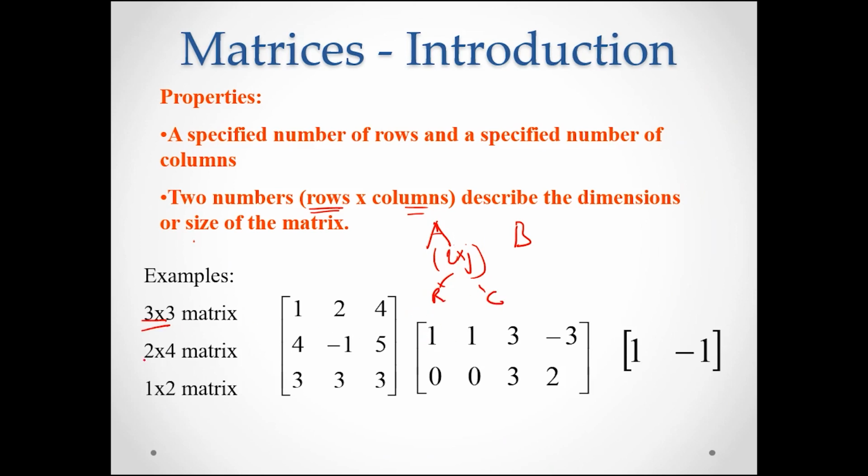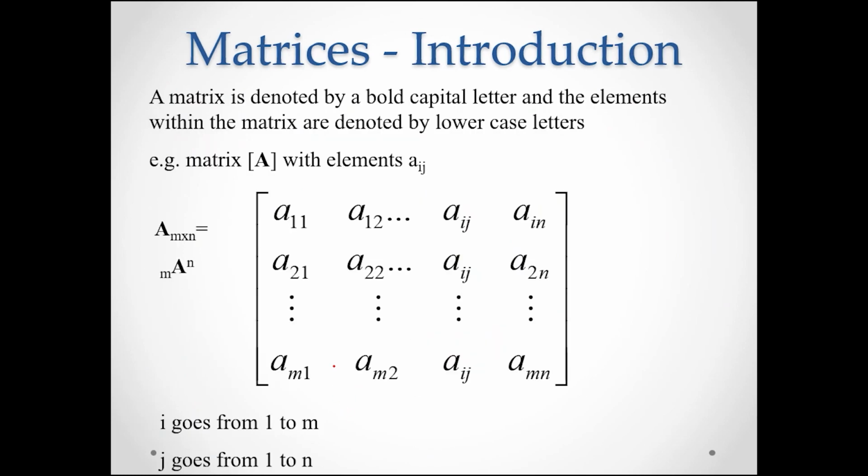If I have a 3 cross 3 matrix, it has 3 rows and 3 columns. If I have a 2 cross 4 matrix, the first number refers to the row and the second to the column, right? This is called the size of the matrix. The individual entries are called the elements of the matrix.